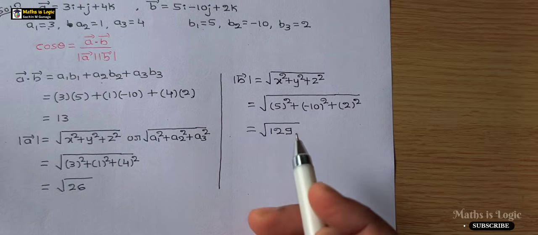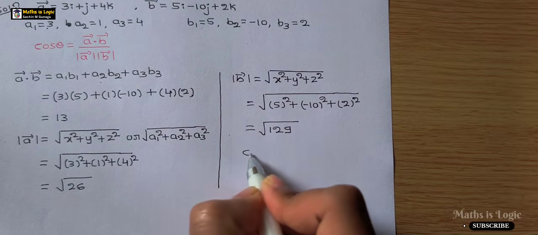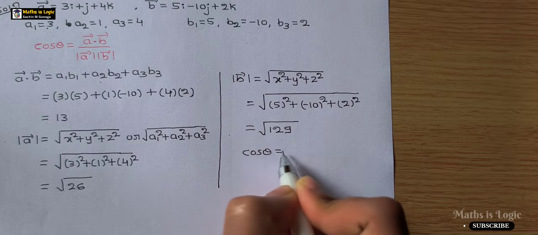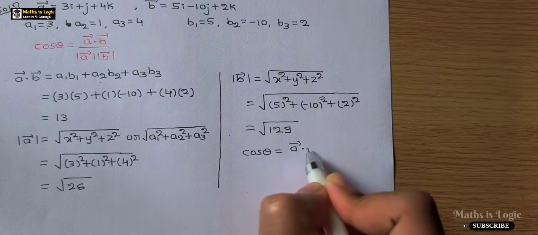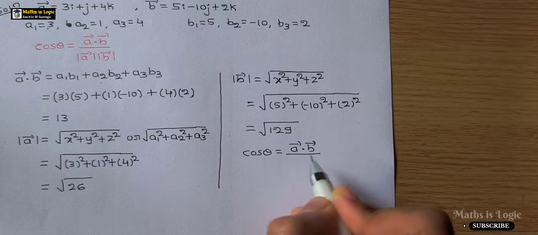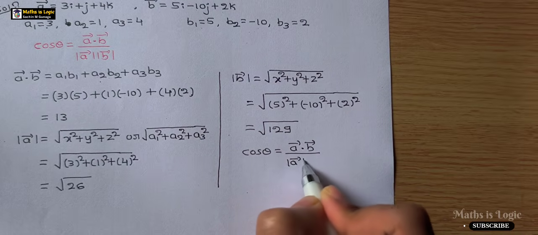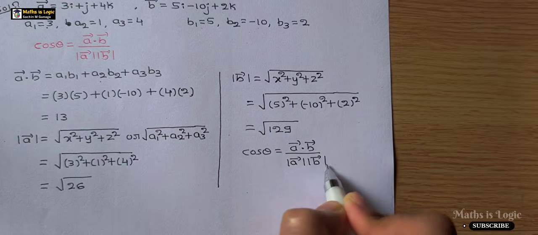Next, write the formula of cos theta. Therefore cos theta is equal to, formula is this, a vector dot b vector divided by magnitude of a into magnitude of b.